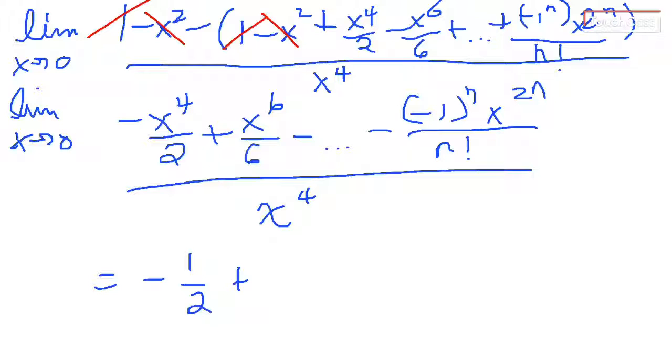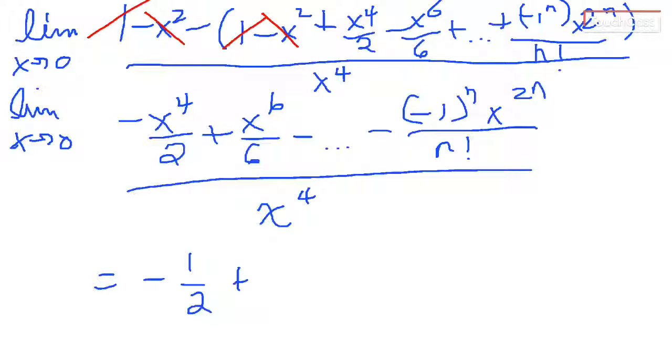That's really like the third term, so it's x to the 6 over 3 factorial. It's going to get divided by x to the 4th. Every other term that's there has x to a greater power than 4, right? So I'm going to be able to subtract the exponents. In this case, 6 minus 4, I'm going to have x squared over 6.